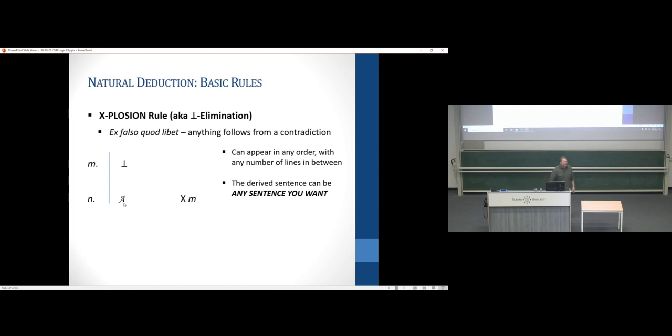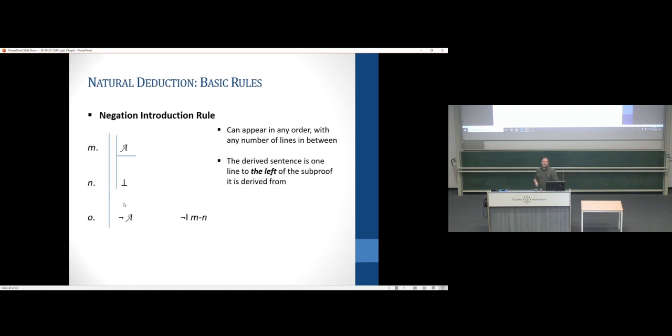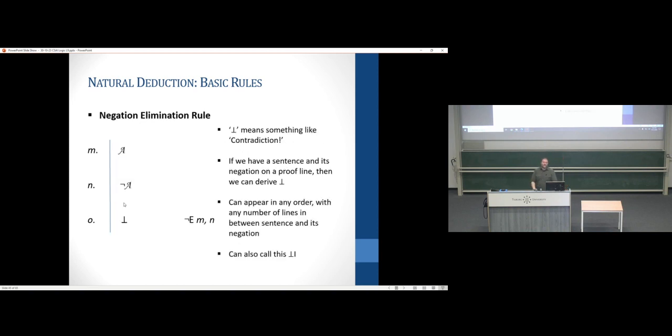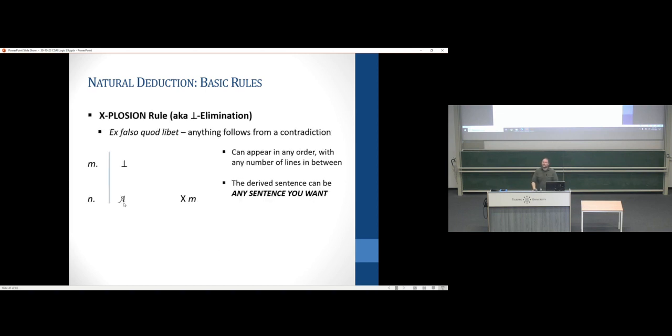It's trivialism, actually, is what it's often called. So these three, negation introduction, negation elimination, and explosion, they're all a tightly bound set. Usually, when you find this one in the subproof, you will have used, maybe, not possibly, maybe, definitely this one, and sometimes this one as well.